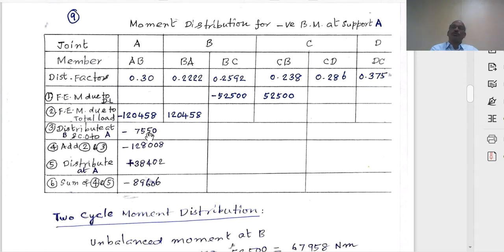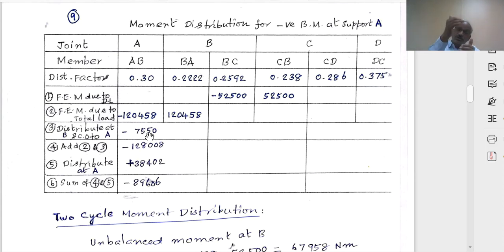So the moment distribution process is easy here, but the only thing is remembering what to write and what not to write. That is a major work. Of course, there is nothing wrong in writing all values. Already, for a multi-storied, multi-bay frame, we are considering a single floor, and at a time only 5 panels, whatever the number of panels, and then we adopt the moment distribution method.